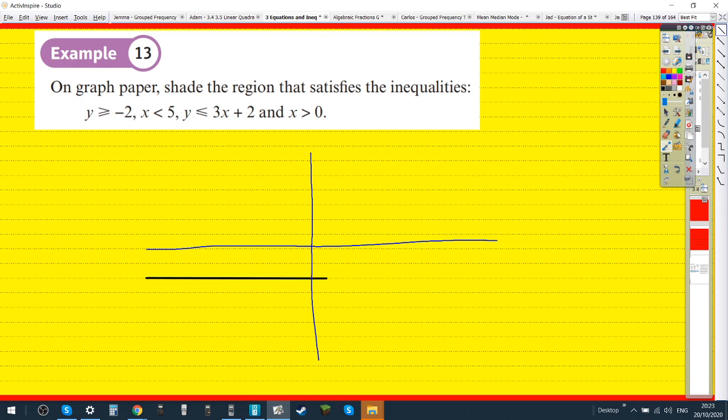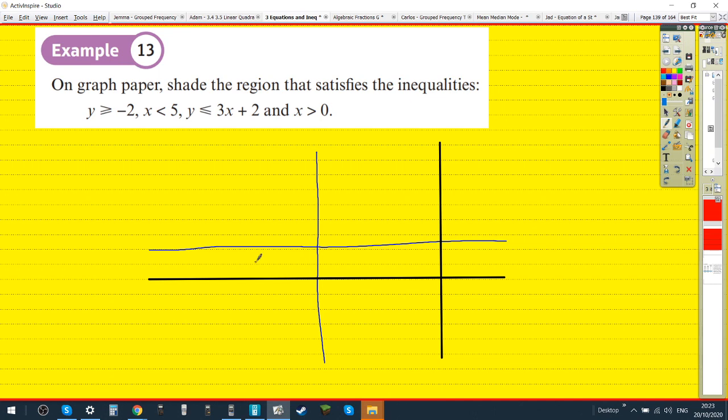Straight across. Oh, across, and then x is straight down. Yeah, a 5 on the x-axis. This one is -2 on the y. That's 5 on the x.